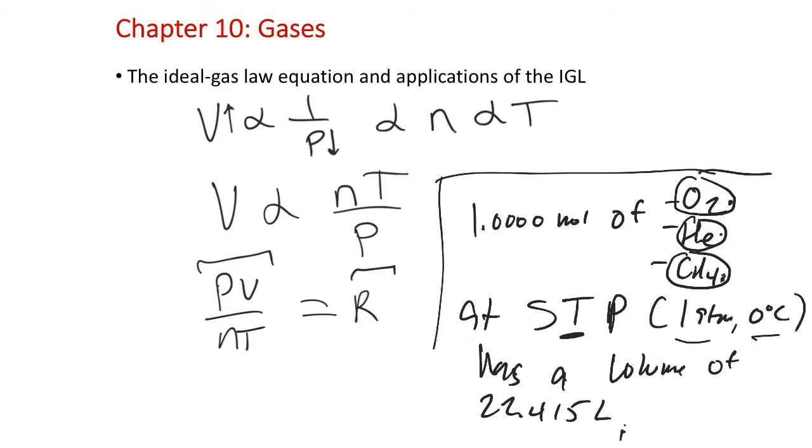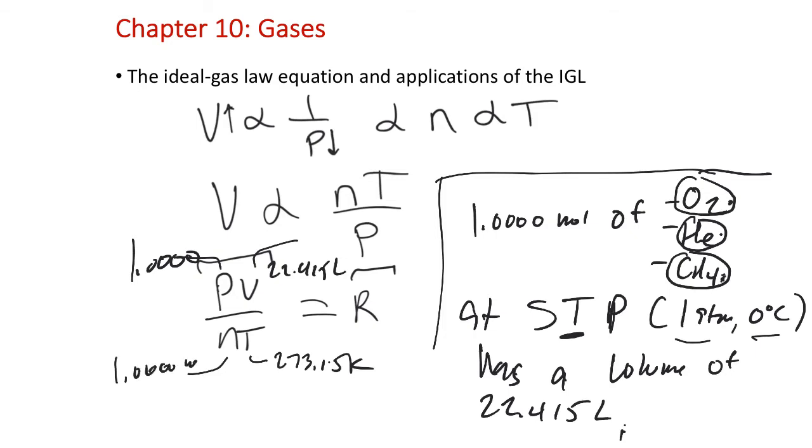Okay, and so if you throw in these units in terms of 1 atmosphere, 22.415 liters, plug in a mole, throw this into Kelvin. You have to go to 273.15 Kelvin for this quantity here. So plug in a mole, plug in 22.415 liters, and then you get that R, the ideal gas constant, is equal to 0.08206 liter atmospheres per mole Kelvin.